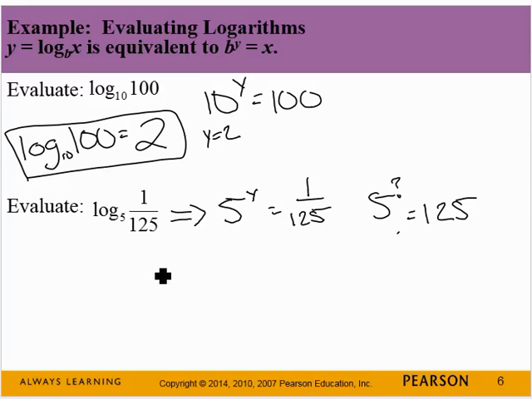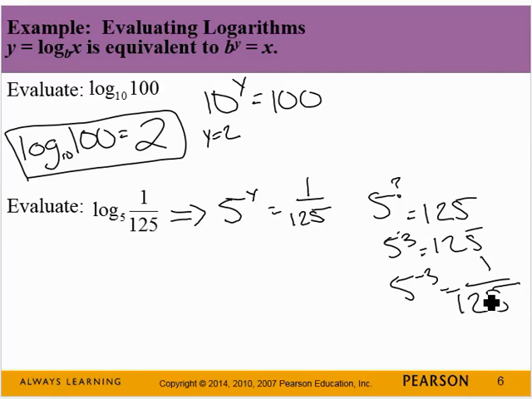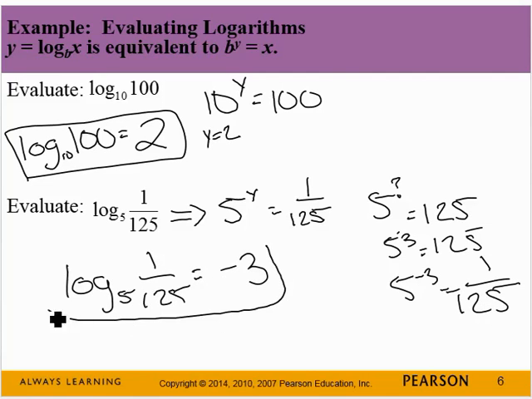So you should get -3, or 5 to the third gives you 125. So 5 to the -3 would give you 1 over 125. So that means you have log 5, 125 equals -3.